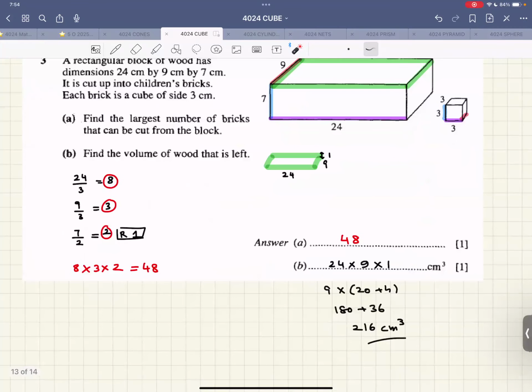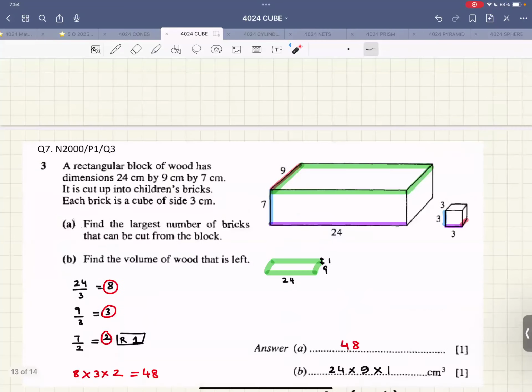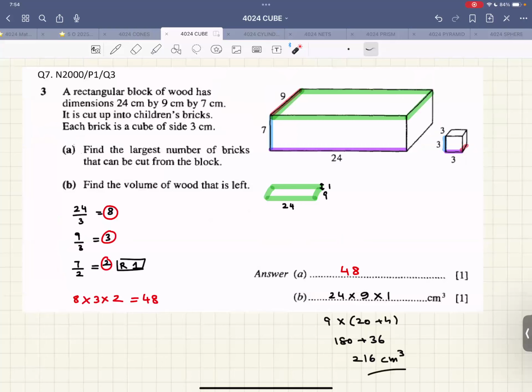Now the original question: the remainder in height is 1. So how much is left? 24 into 9 into 1. That's how this thing is left. So now this block question, I hope that's all clear. And the remainder wood question, I hope it's all clear.